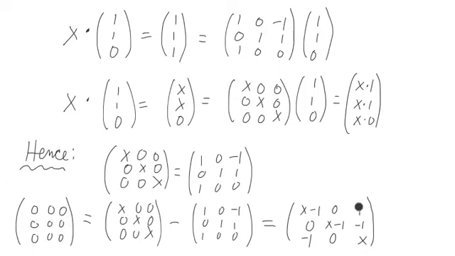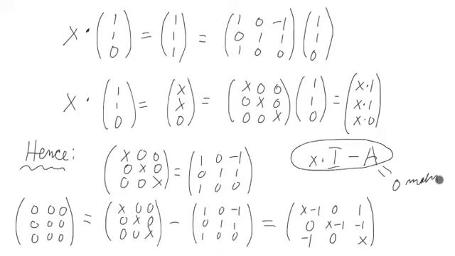So this matrix right here, which we can think of as X times an identity matrix minus our original matrix A right here, this guy is actually equal to the 0 matrix, if A itself is that matrix represented by X.